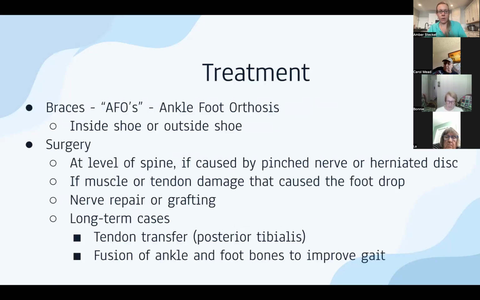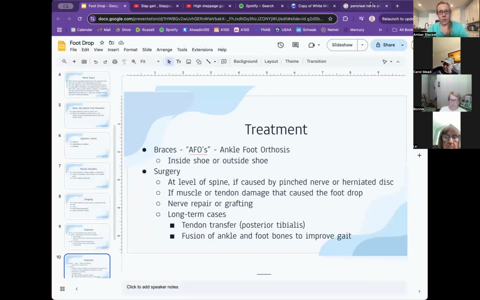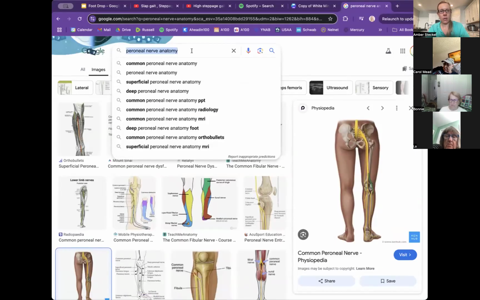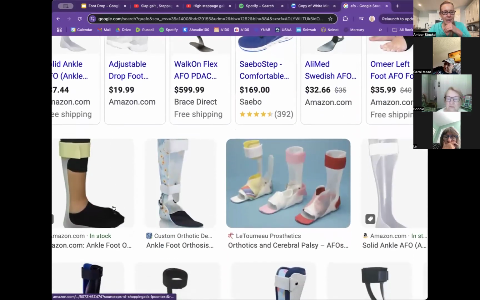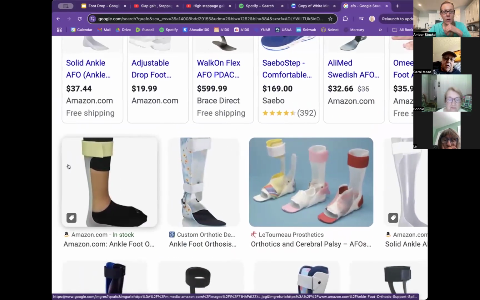Braces, you might have heard it called an AFO, an ankle foot orthosis. This can go internally inside your shoe or outside your shoe. So there's a couple. AFO. So this is like the classic nowadays. It's fine. It's good.